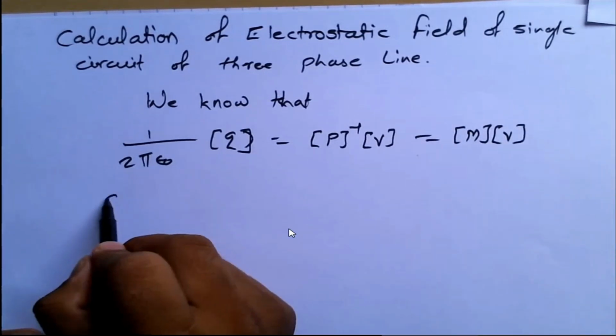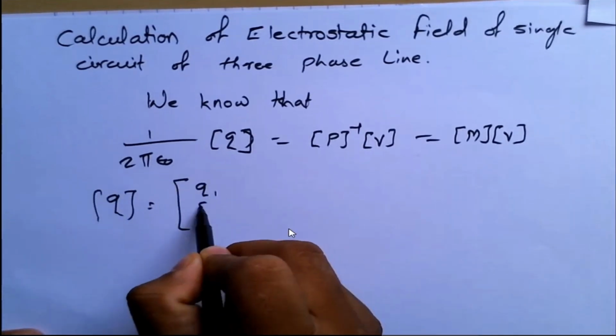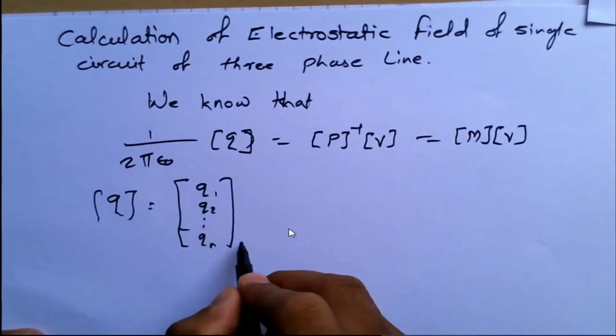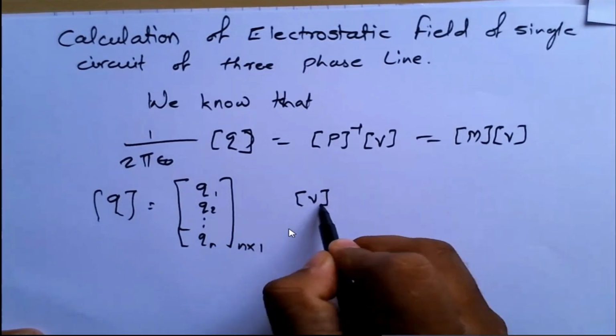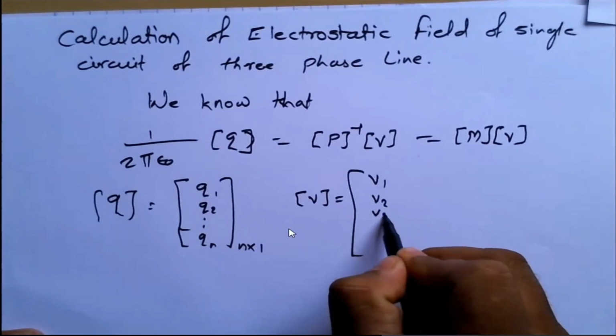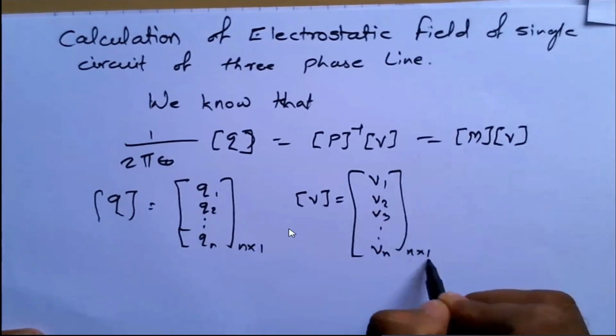Where this Q matrix can be defined as Q1, Q2 up to Qn, that is n by 1. Then this Phi is a voltage matrix, V1, V2, V3 up to Vn. It is also n by 1.